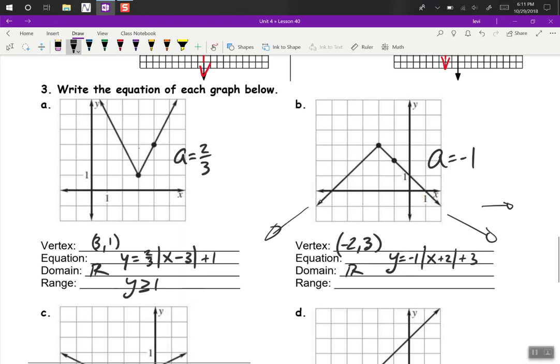Well, our y values go on and on as we go down, but then we go up, up, up, and then stop right here, and we don't go any higher, right? So that's a y value of what? Y is at 3 here. So our range is going to be y values that are less than or equal to 3.